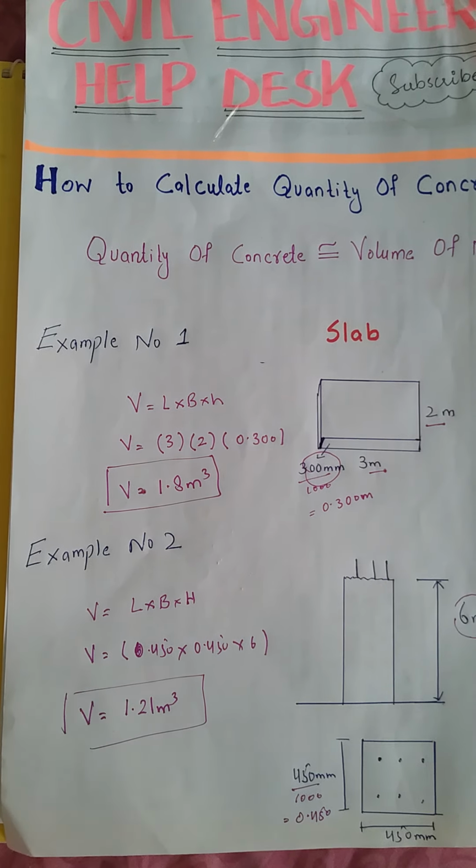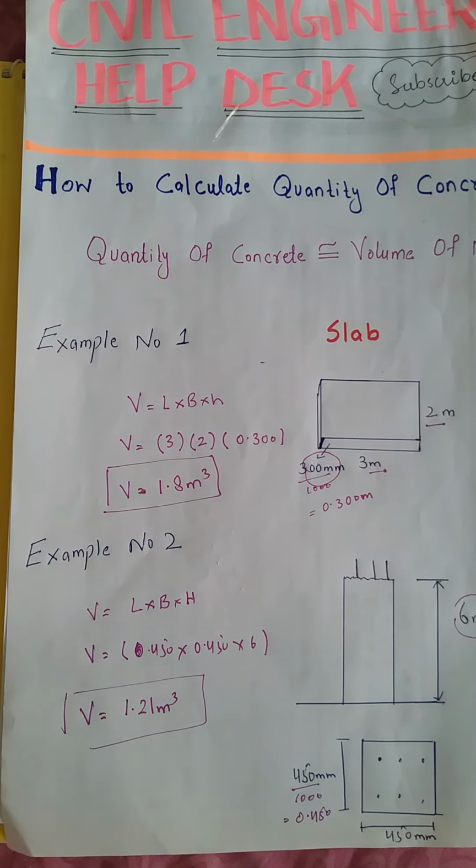We must remember the formula to calculate the volume of concrete of a circular member. The formula is pi D square divided by 4 multiplied by d, where capital D is the diameter of the circle and small d means the depth.